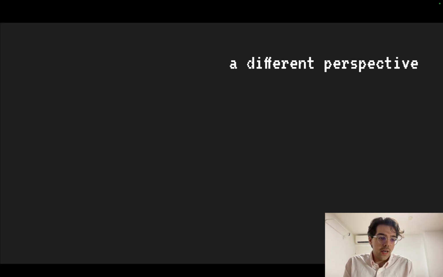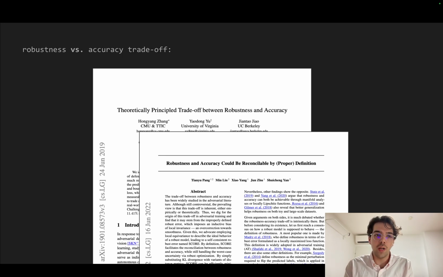Now I'd like to share a perspective, or an intuition rather, that I've gotten after going through a bunch of adversarial machine learning papers this summer. I believe that the robustness versus accuracy trade-off is a wrong perception of what adversarial robustness actually is. There are papers on a theoretical principle that explains why adversarial robustness and model accuracy contradict each other, and others that say they could be reconcilable through a proper definition.